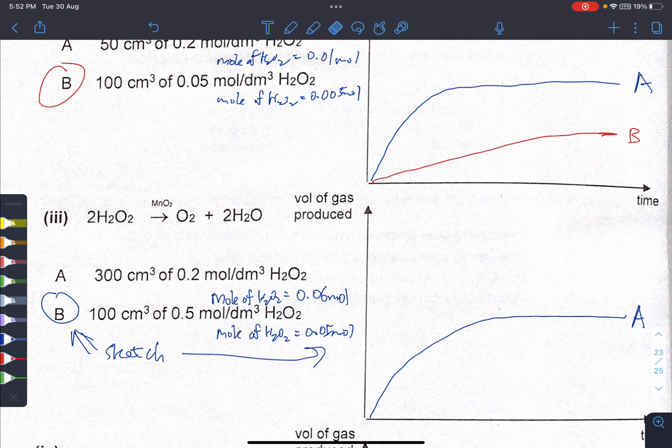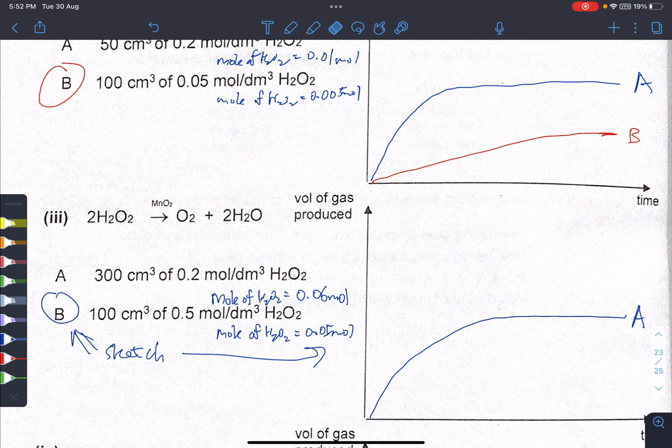My new condition is 0.05 mole. I have less reactant. If I have less reactant, how much gas will I have? Well, I'm pretty sure it's not going to be the same. It's going to be less. How much less? Well, technically 5/6.